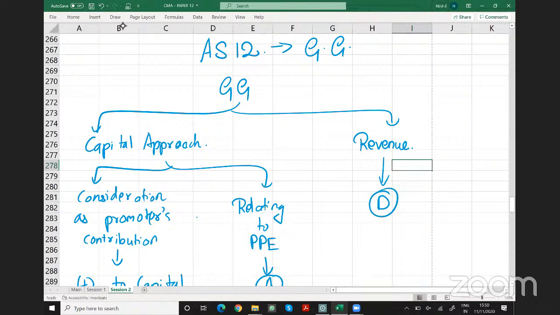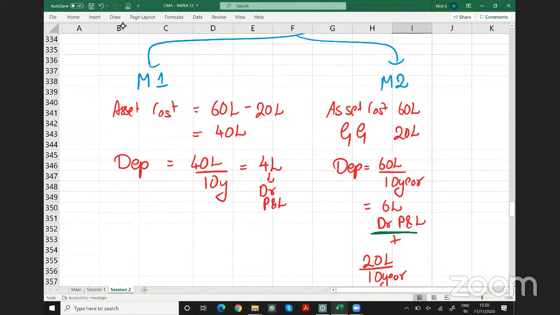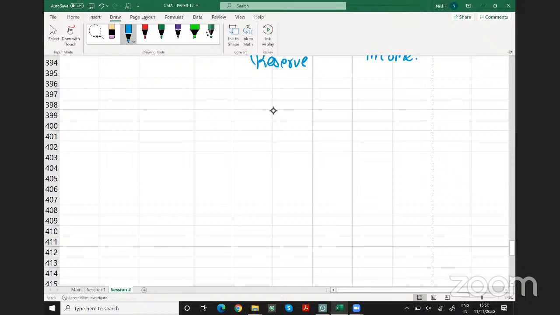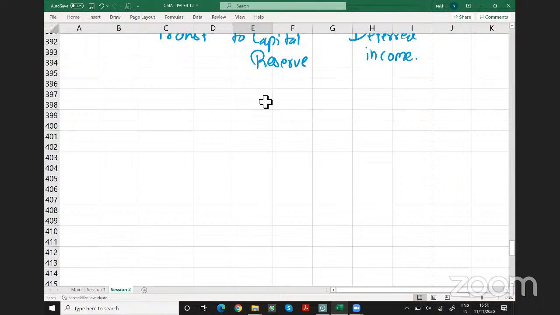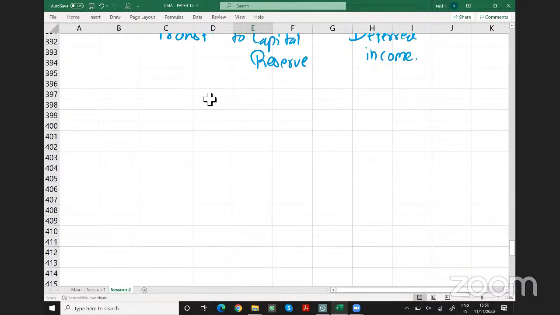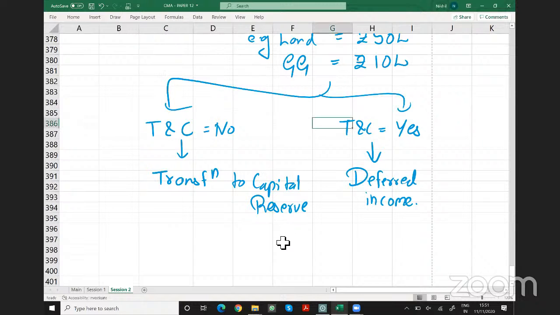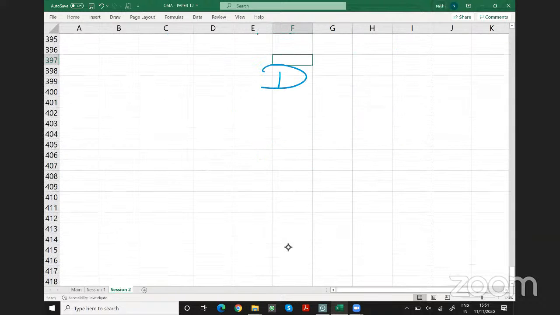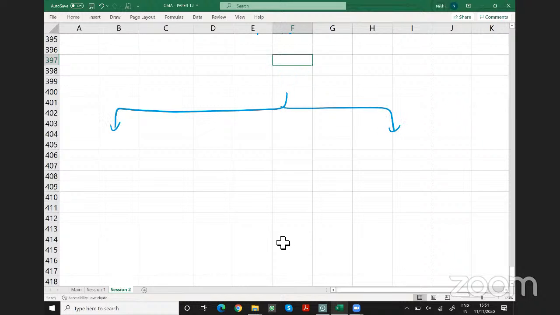So we will do this as my point D. So there are two approaches in case of revenue.